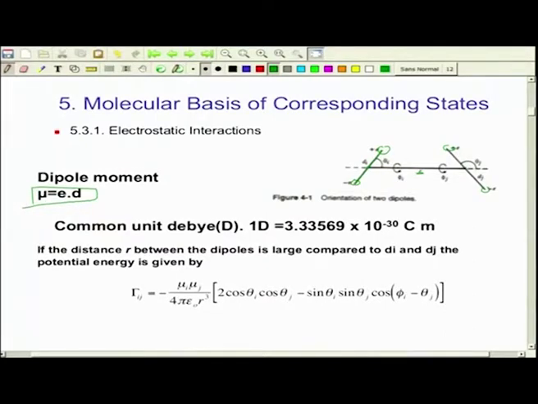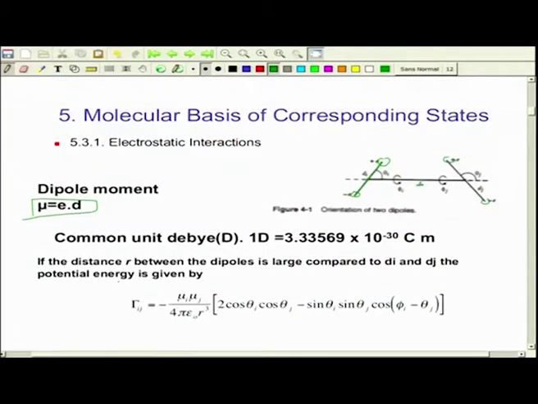You would have to add up all these Coulombic interactions, and then the expression will turn out to be this. So this is the final expression, which not only depends on the dipole moments of molecules 1 and 2, but also on theta i and theta j, which are the angles with respect to the axis of the vector connecting the centers of mass of these two molecules.